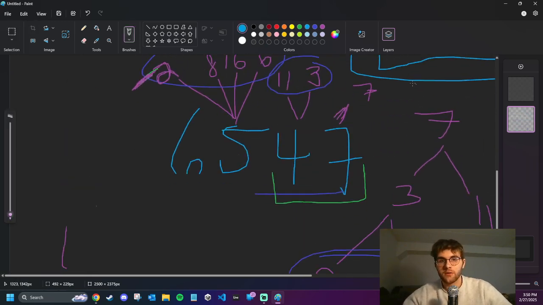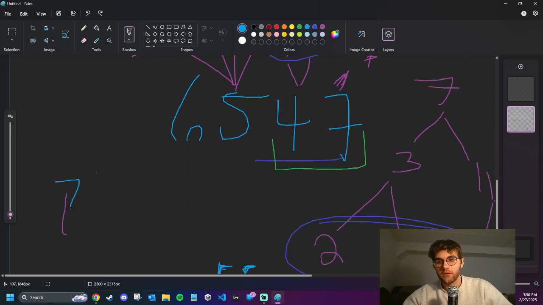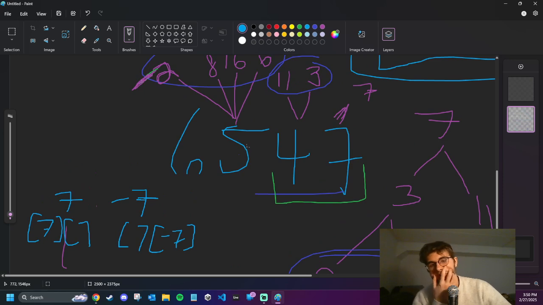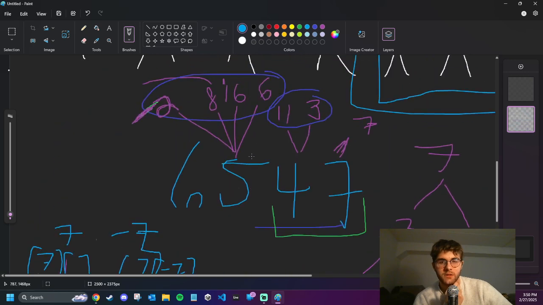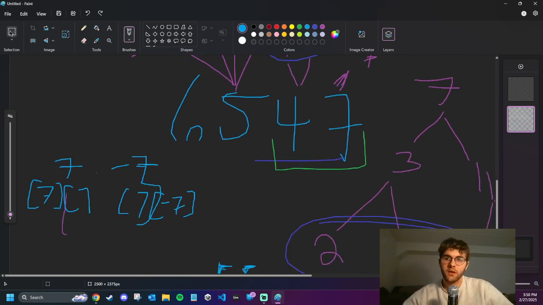So here we would have either 7 or -7, because it would either be this or this. And then 4, so now I just doubled the problem size basically. So maybe I was saving half the space and I just didn't realize. I think this way reflects that you save half the space.